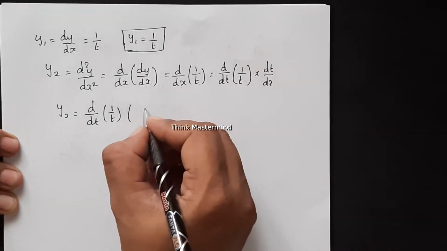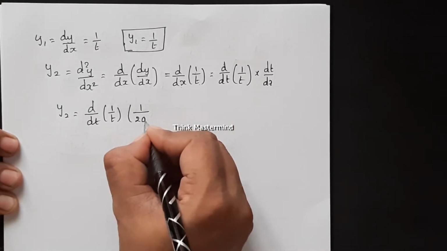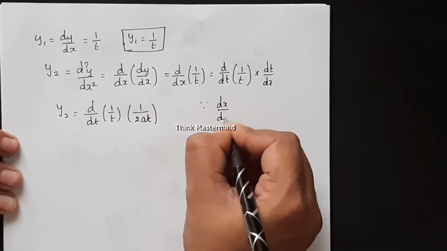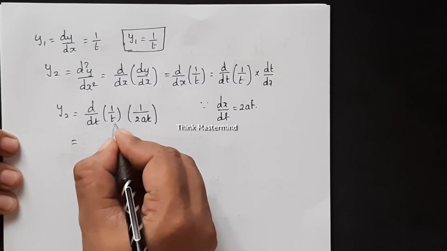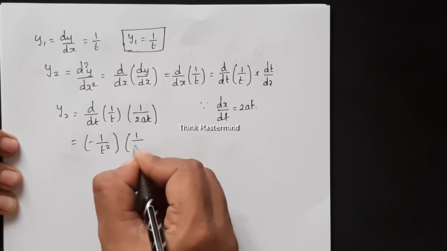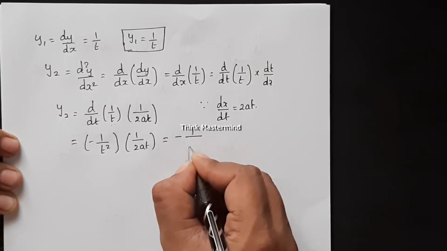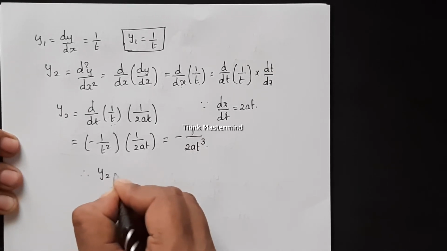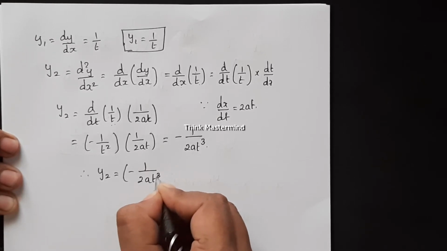Since dx by dt is equal to 2at, the reciprocal is 1 by 2at. Now differentiating with respect to t, we get minus 1 by t square into 1 by 2at, that is equal to minus 1 by 2at cube. Therefore y2 is equal to minus 1 by 2at cube.